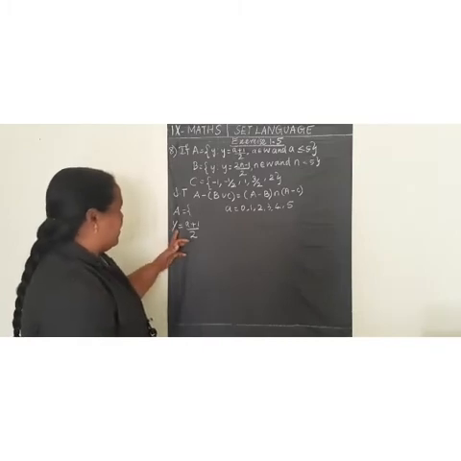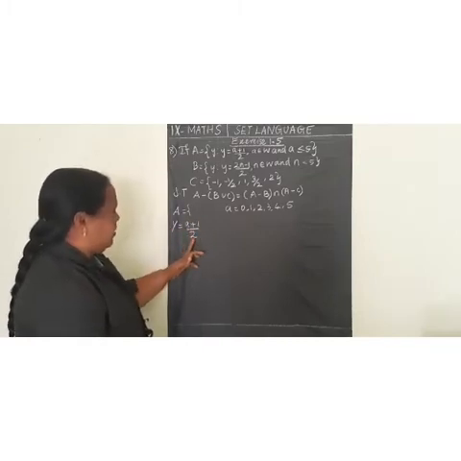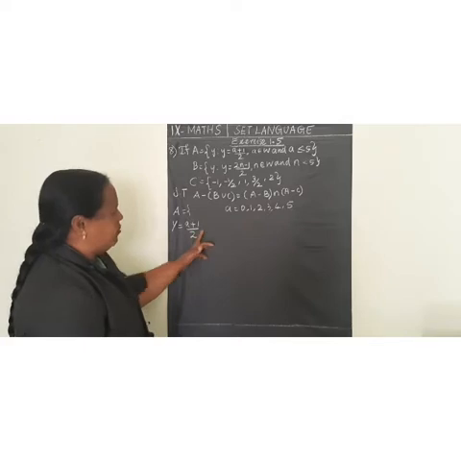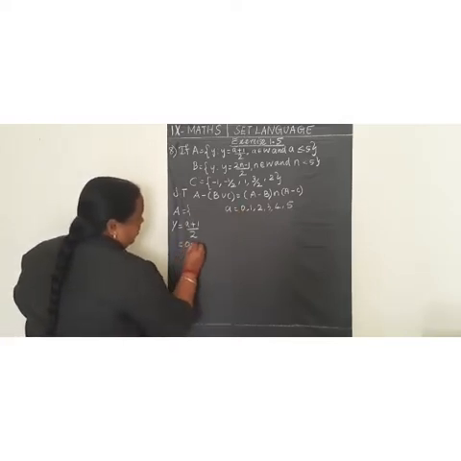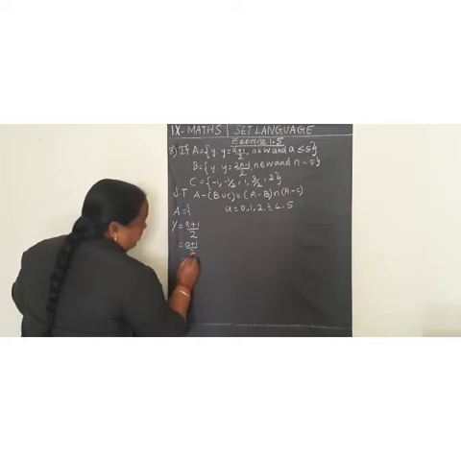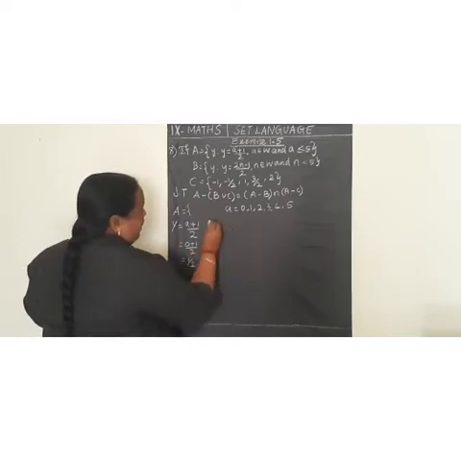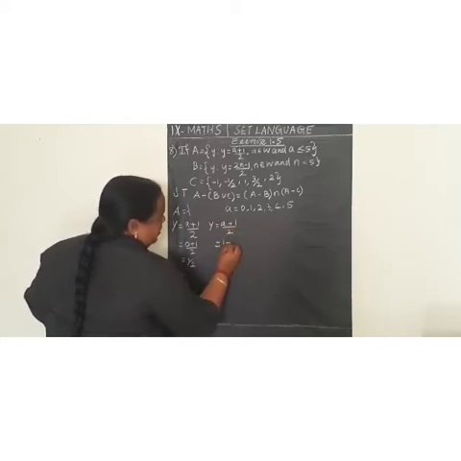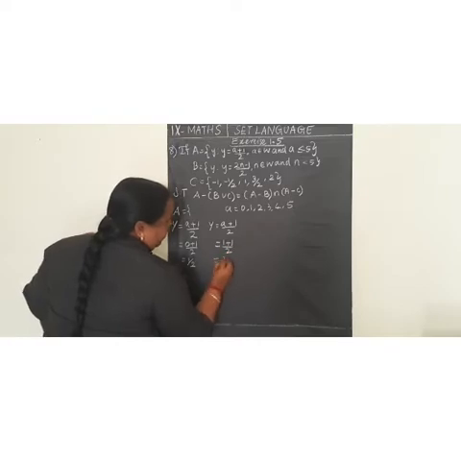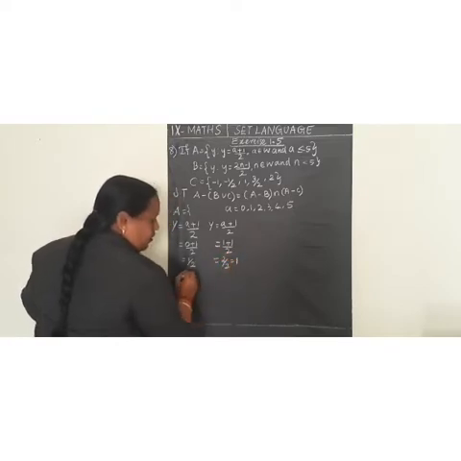So first one, y is equal to (a plus 1) by 2. We substitute the first value, a is equal to 0. So 0 plus 1 by 2 is equal to 1 by 2. Next, a is equal to 1: 1 plus 1 by 2 equal to 2 by 2 equal to 1.